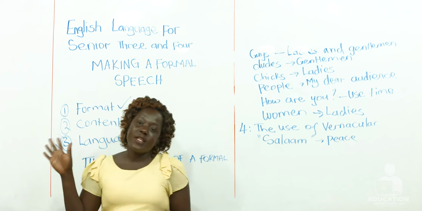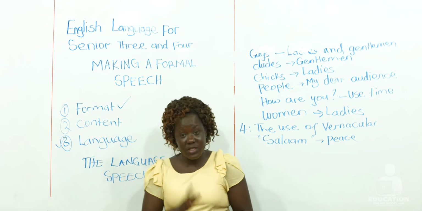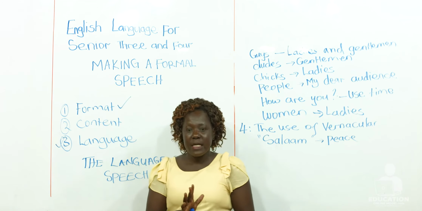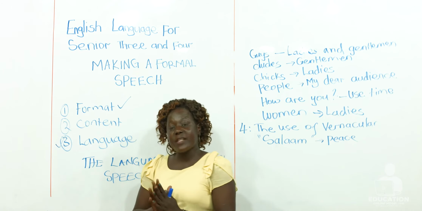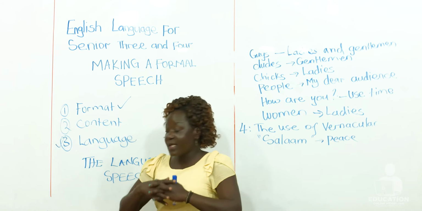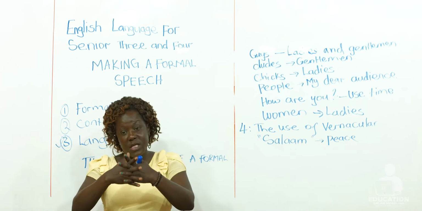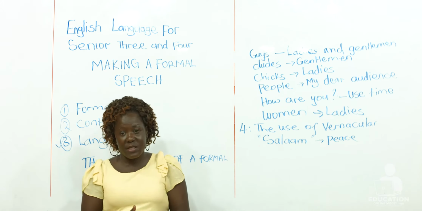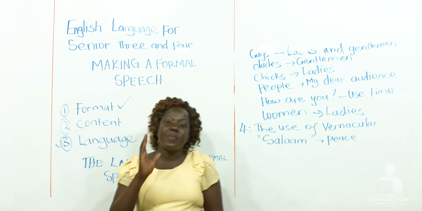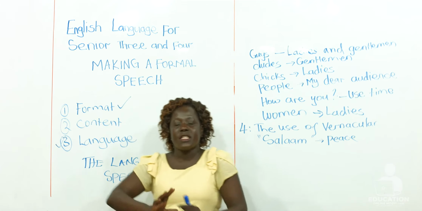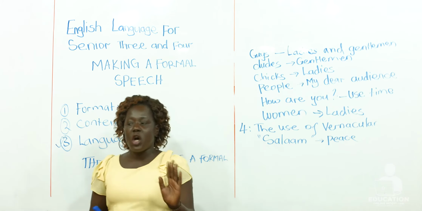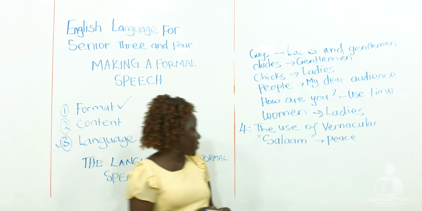But the language of a speech is not that small. It is very large. There is another part of the language which we call punctuations. It's very big and vast. Now, if you don't know how to punctuate your work, it will alter the meaning. You will distort the meaning of your speech.